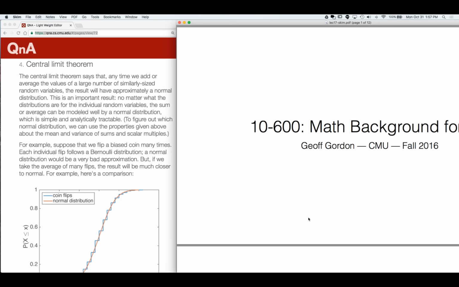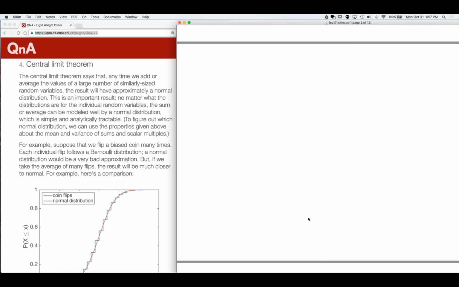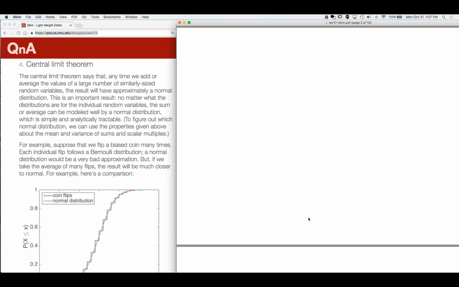So let me just show what happens if I take the mean of a whole bunch of random variables. If I have x1, x2 up to xn, and I take x bar as 1 over n, sum from i equals 1 to n of xi, then let's suppose that they have means mu i and variances sigma i squared.